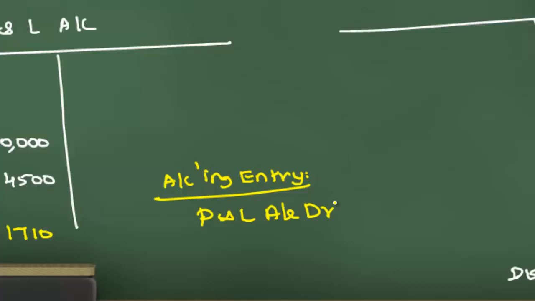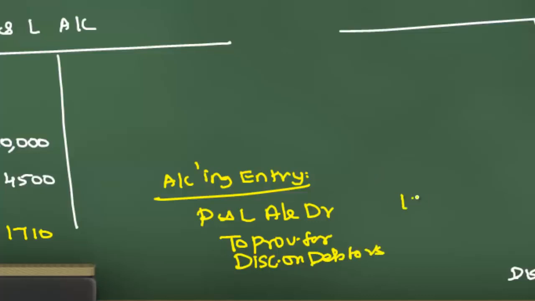We have shown it as a deduction on the asset side. Liability will always have a credit balance. So to provision for discount on debtors. The amount in both places is 1,710.